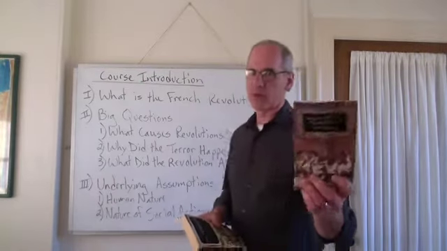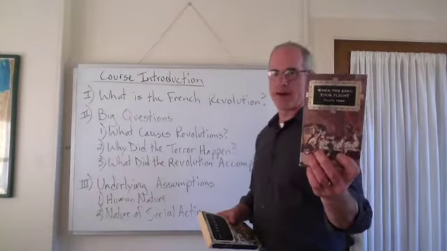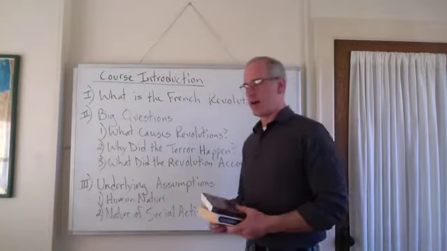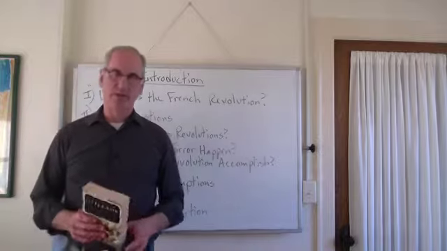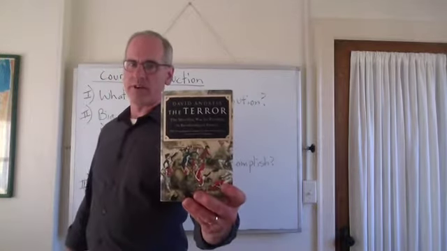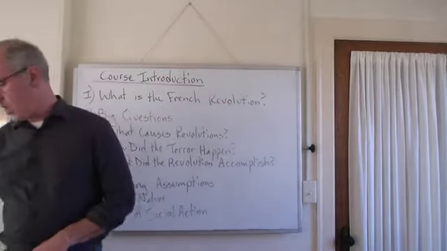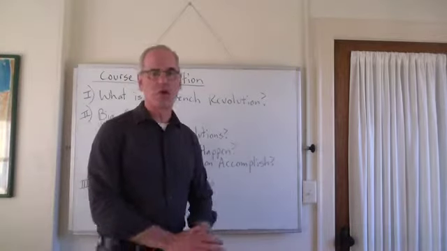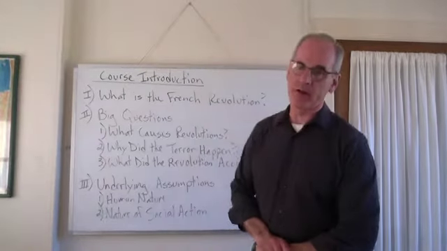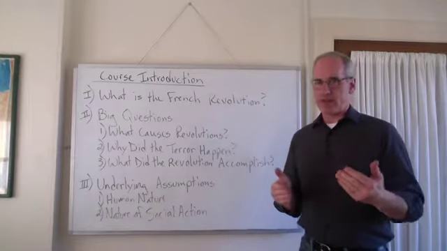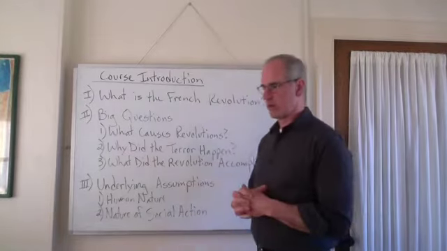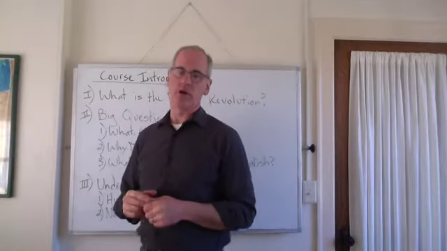The second one is When the King Took Flight by Tim Tackett. And we're going to read all of that one. And then the third is The Terror by David Andrus. You should buy all those or get access to them somehow from the library, because we're not going to read all of the Andrus. We're going to read about half of it. We're going to read all of the Hansen and all of the Tackett.